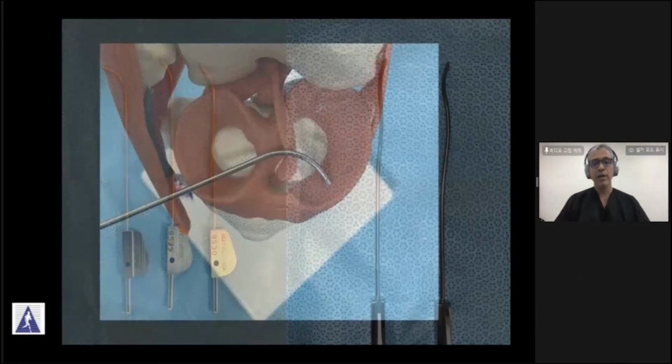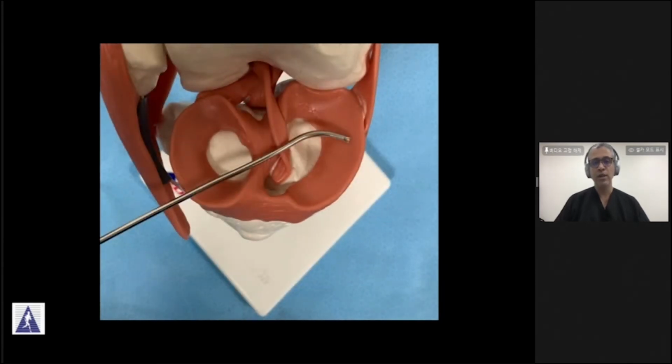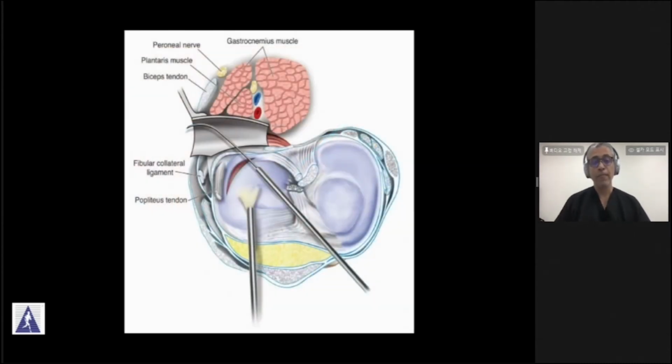What's important is that with the help of these cannulas, which are used through varying portals, you can reach almost all areas of the meniscus. The yellow arrow that I have demonstrated shows probably what you can do with a straight cannula, but with the help of these Zone 2 specific cannulas, you can reach more and more areas of the meniscus which you can repair very conveniently. So that's the amount of repair you can do.